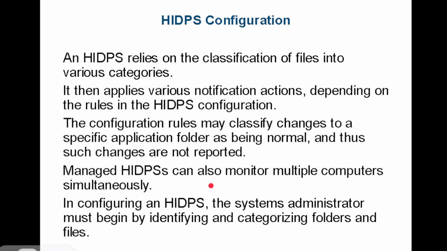And that gets into our SIEM systems, monitoring multiple systems. So usually the software itself knows how to categorize folders, but in the installation, you may say, watch all the users' documents folders, don't worry about changes to those. Watch the system files. That's where your initial configuration would be.